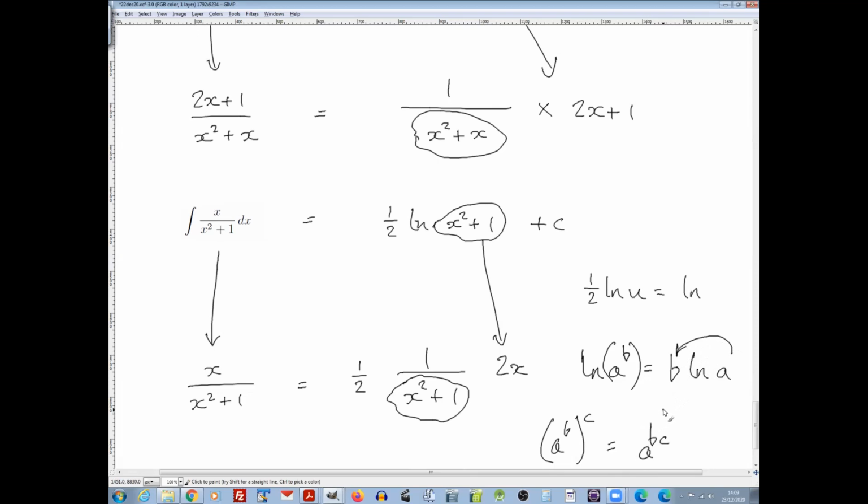Right. Okay, you might be hazy on those log rules because they need practicing all the time. How can you just have ln A?